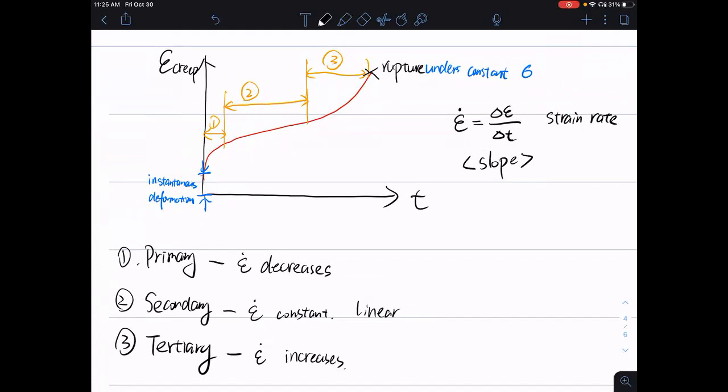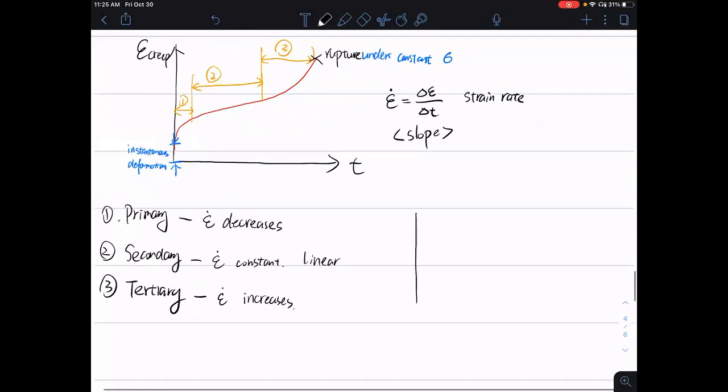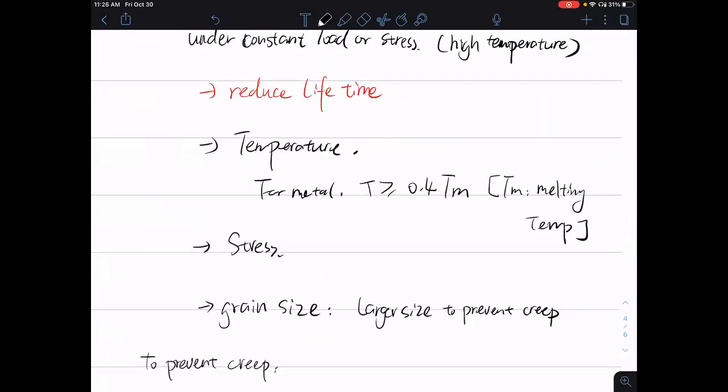Okay, now my next question for you is, if we increase the temperature, how would that change this plot? If now let's increase the temperature by 500 more degrees, how would that affect the diagram? Let's go back here. Temperature would affect creep. The higher the temperature, the more creep you're going to see.